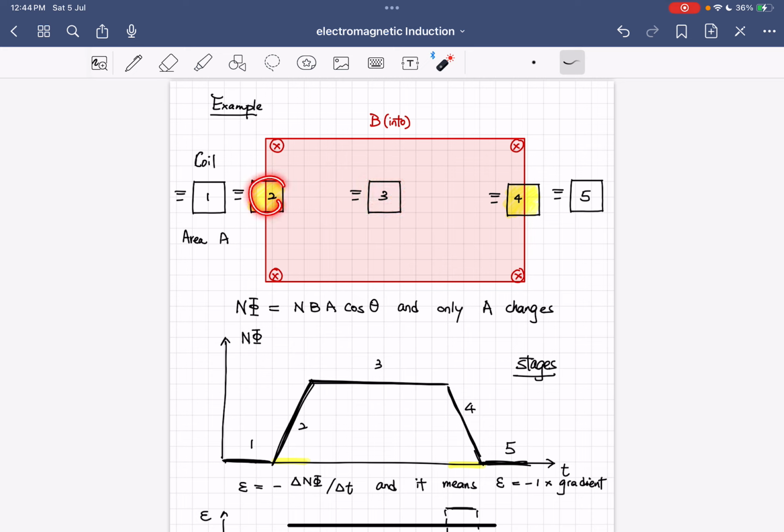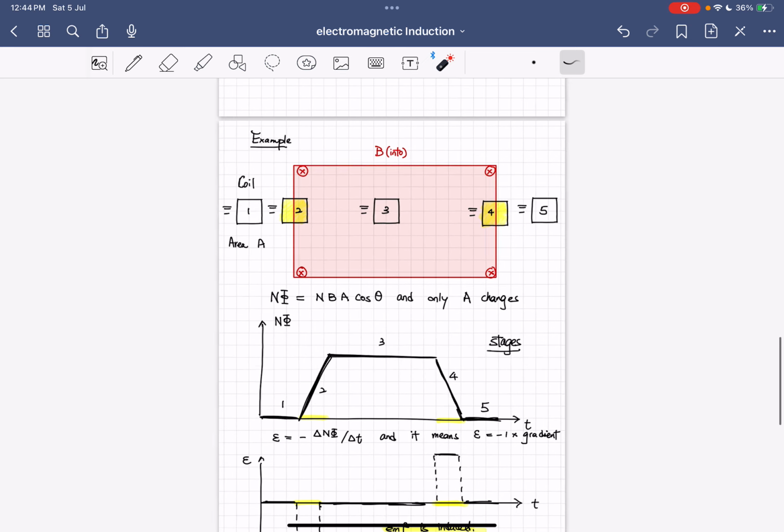Similarly, for 2 and 4, there is a cutting of magnetic field lines, but the way it cuts is that for 2, it will increase the field lines inside the loop, and for 4, it decreases the field lines inside the loop. So there is a change in the magnetic field lines enclosed in the loop, but from 2 to 4, in between, there is no induced EMF.